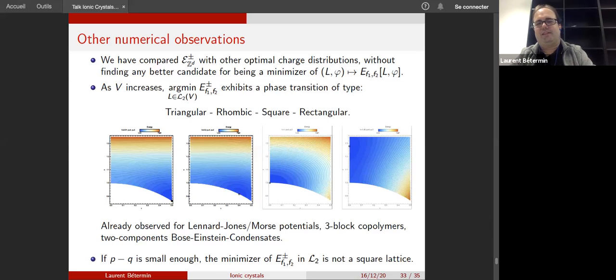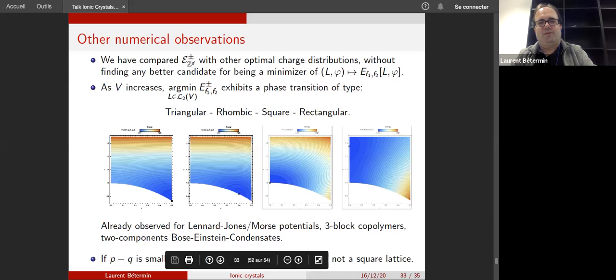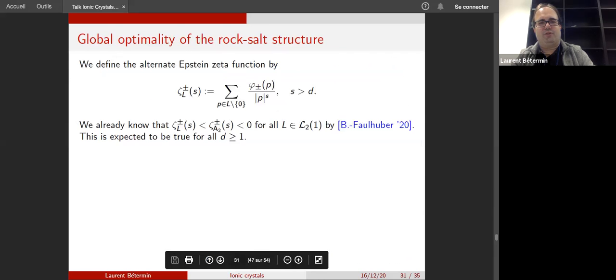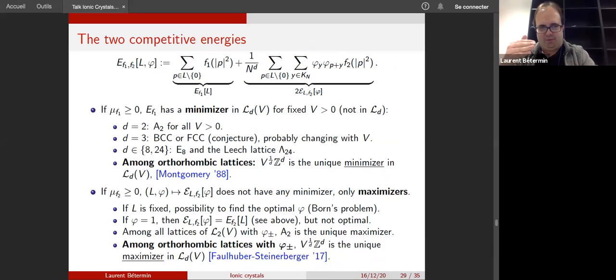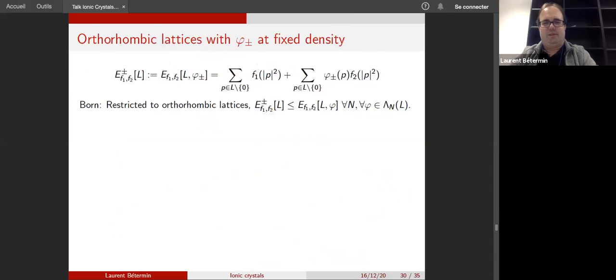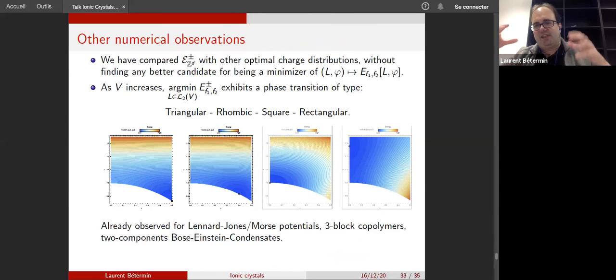If I choose just F1 here, forgetting the rest, and I play with v, and if I choose F1 to be a Lennard-Jones potential, a difference of two inverse power laws, that's what I will observe. I will observe this change of minimizer from the triangular one for very small v, because for very small v the first part is the one which wins, basically just an Epstein zeta function.